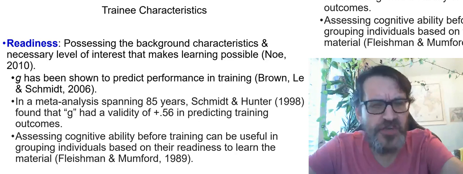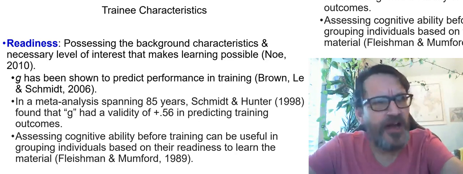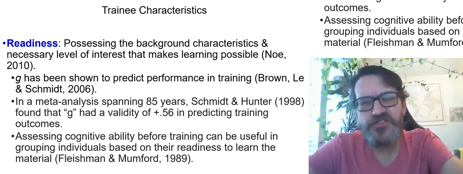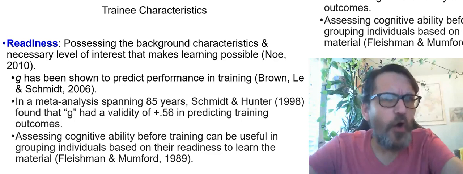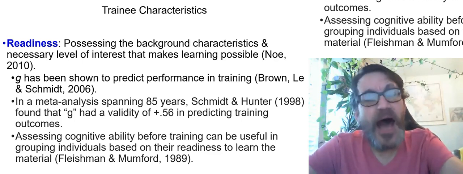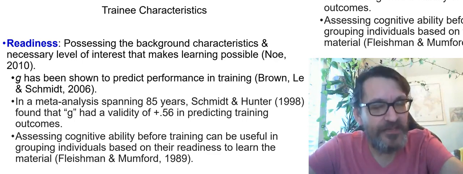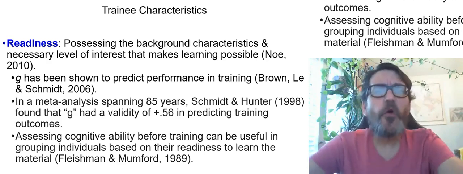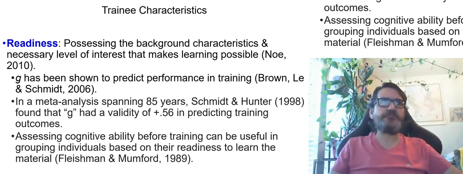General intelligence predicts job performance, no matter how you define job performance, and we've discussed how big that is. And it turns out that this G, or general intelligence, is also associated with effectiveness of training, okay? The higher the general intelligence level, the more effective training is.